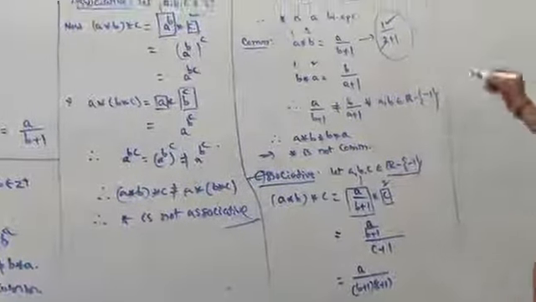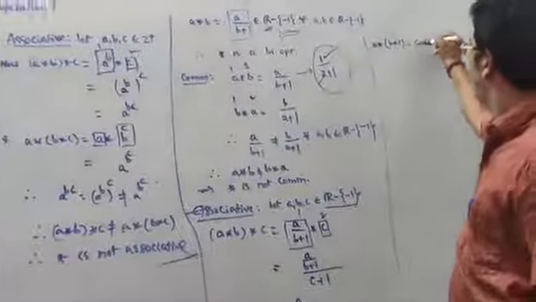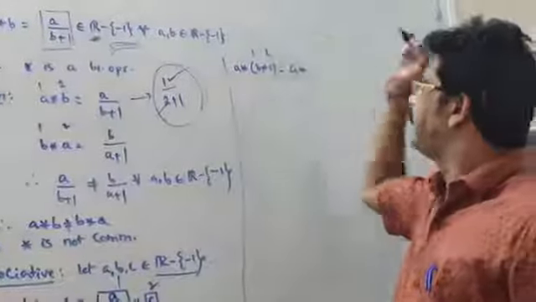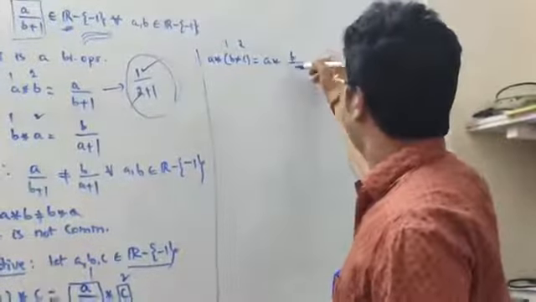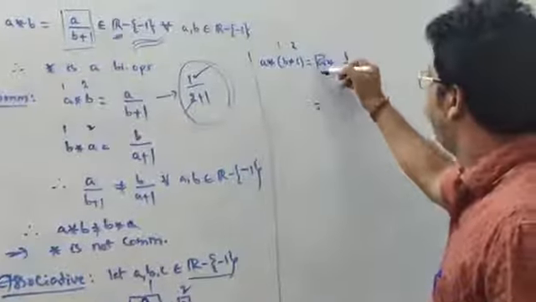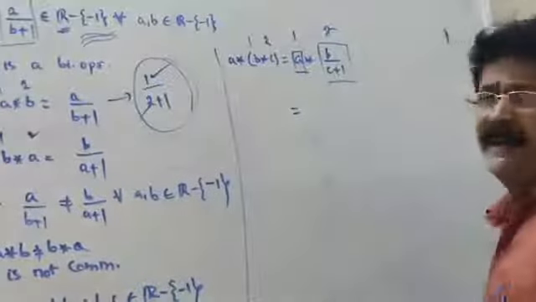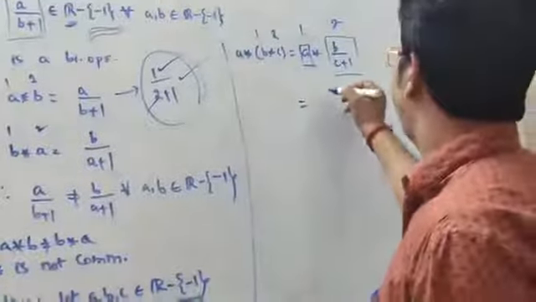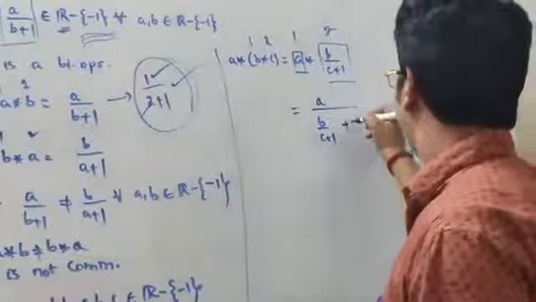Next, let us consider A star B star C. B is the first element, C is the second element. What is the pattern? First element by second element plus 1. Next, here A is the first element, and B divided by C plus 1 is the second element. What is the pattern? First element by second element plus 1.